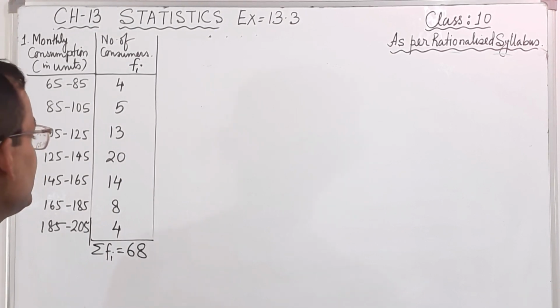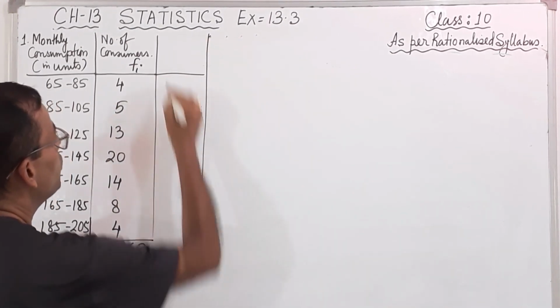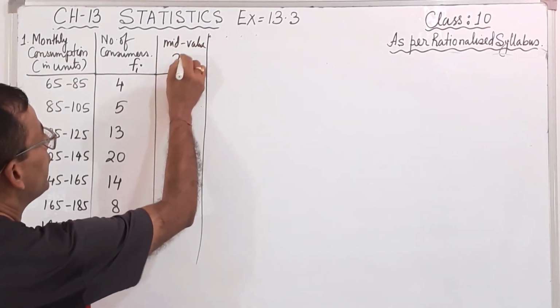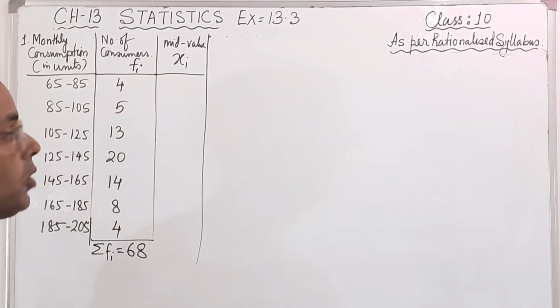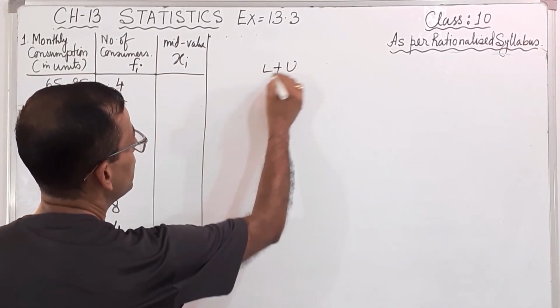because there are 68 consumers. Now after that, the third column will be mid value. So mid value is Xi. So how to find out mid value? Already I told you, lower plus upper divided by 2.